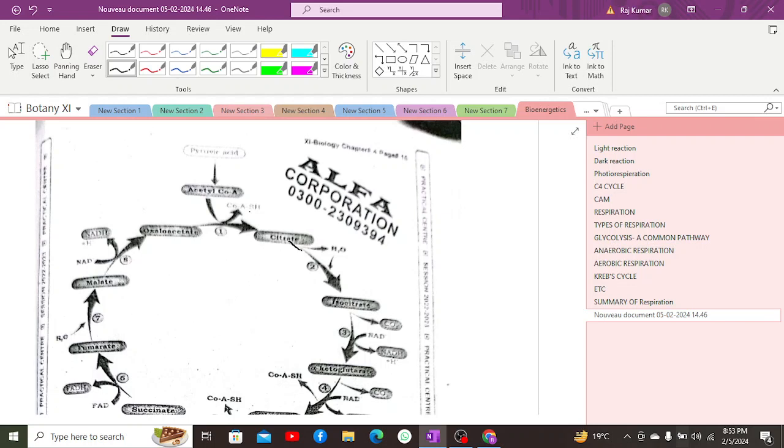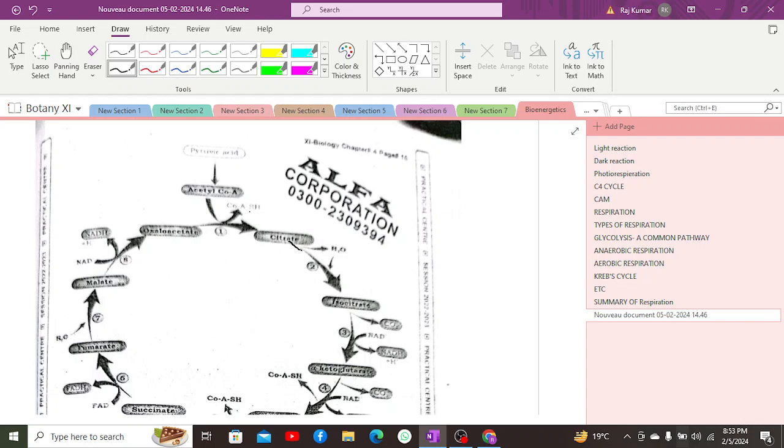Once that is done, isocitrate undergoes another coupled reaction, oxidative decarboxylation, such that oxidation occurs first. Isocitrate will be oxidized into oxalosuccinate using isocitrate dehydrogenase, and then oxalosuccinate will be further decarboxylated using the same enzyme into alpha ketoglutarate, which is basically a keto acid obtained due to deamination of glutamic acid.